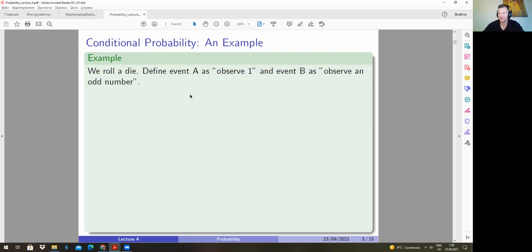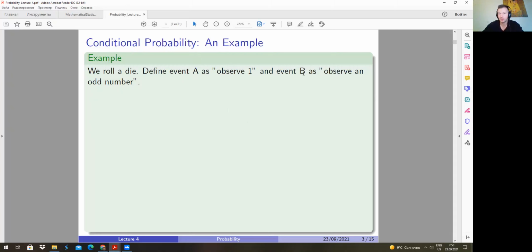You have a die, and the answer is 1 out of 6. Yes, you observe 1 over 6, which is the probability of event A without conditions.